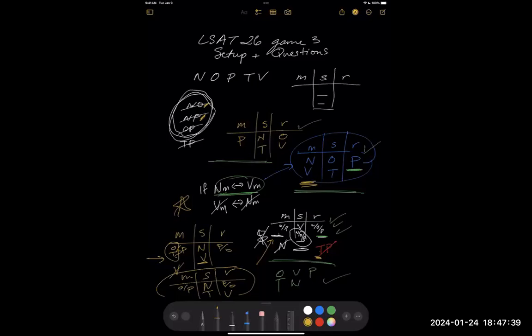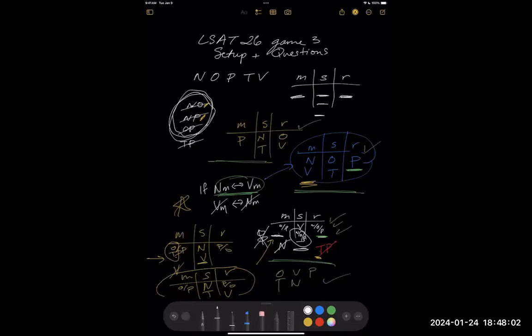All right, so yeah, that really is going to change things, but it's going to make it a lot easier to figure out who goes where because we are only going to have one player go to the movie and one player go to the restaurant.